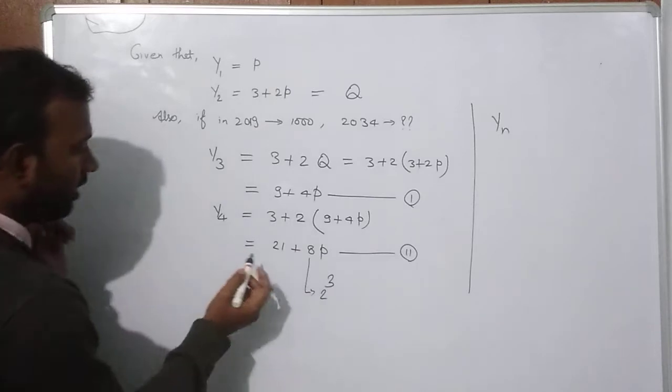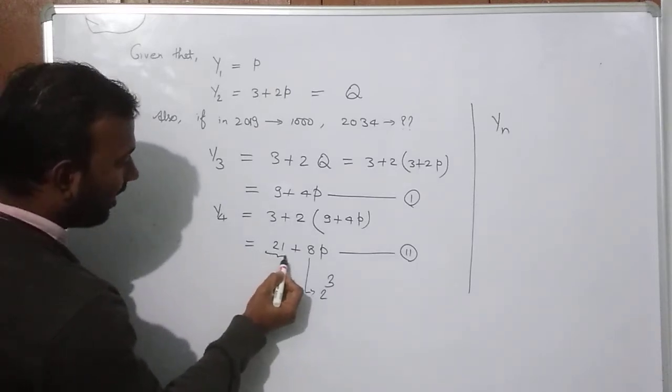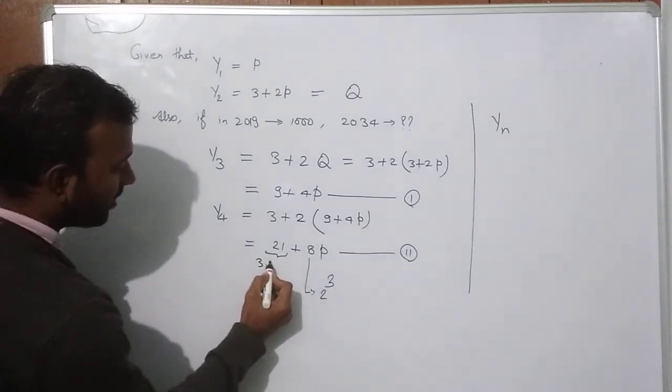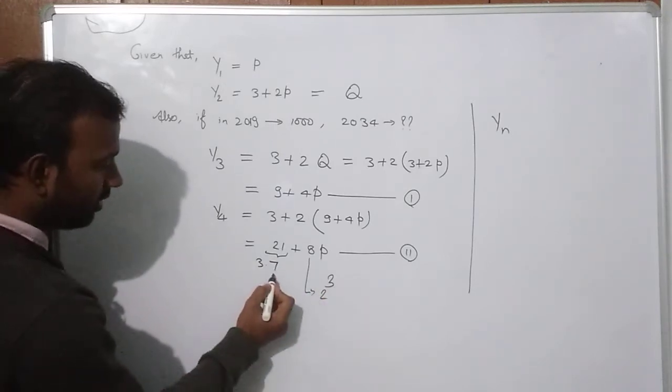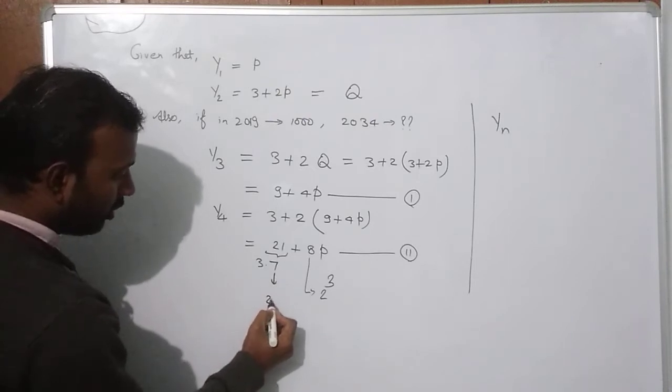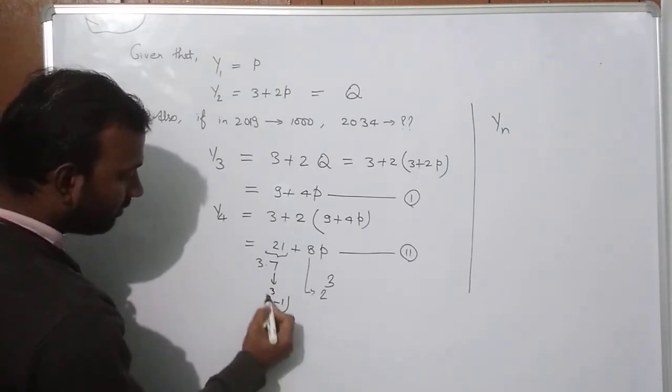Also, if you see this 21, we can write it as 3 times 7. And what is 7? 7 is 2 power 3 minus 1.